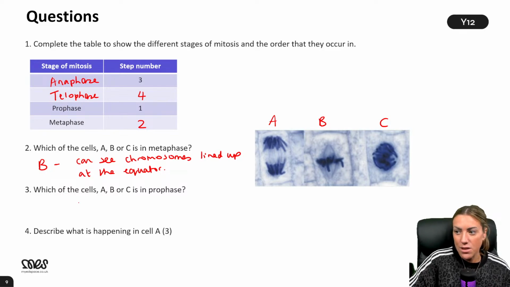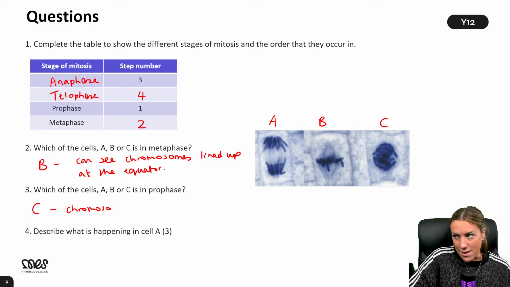So which of the cells do we think is in prophase? Now this is kind of process of elimination because during prophase, nothing is really happening with the chromosomes other than the fact that they become visible because they condense and thicken. But process of elimination is going to tell us it must be C because it's not A, right?